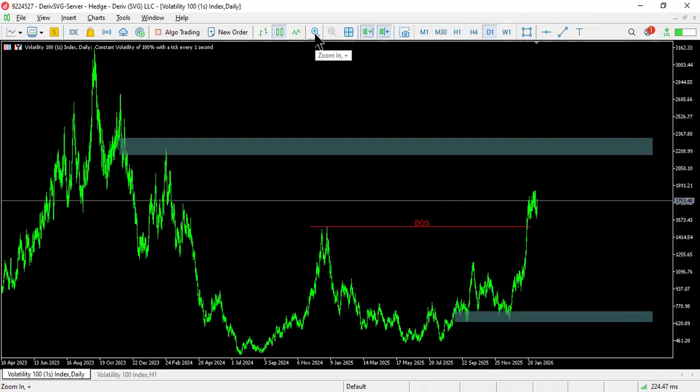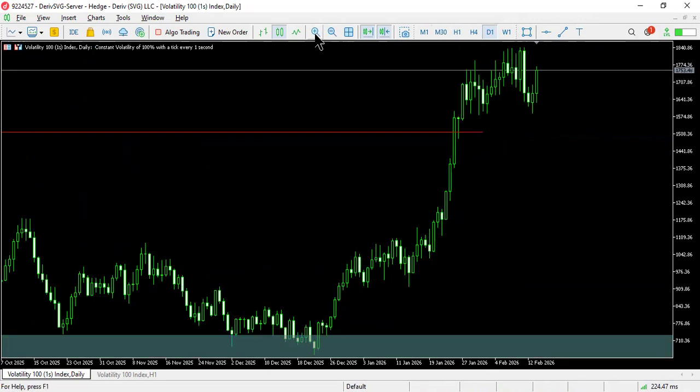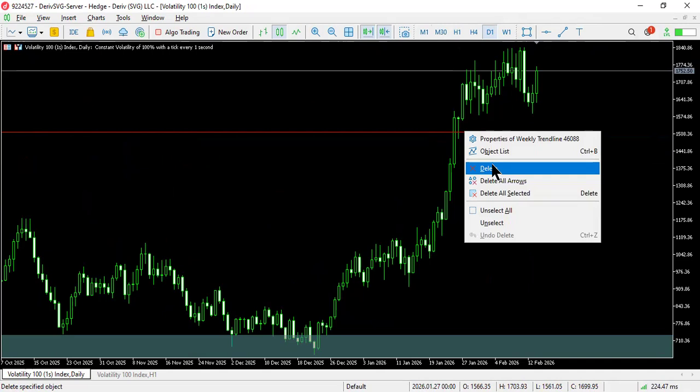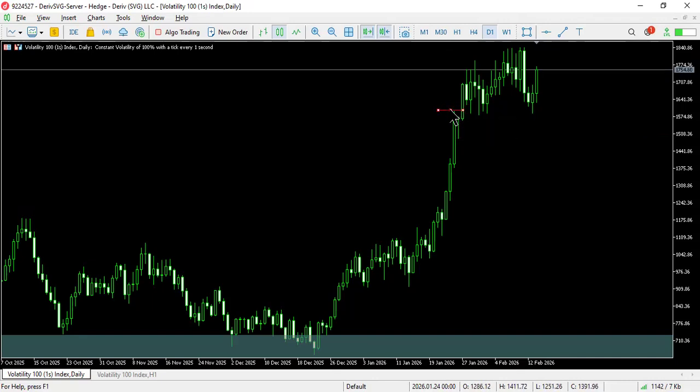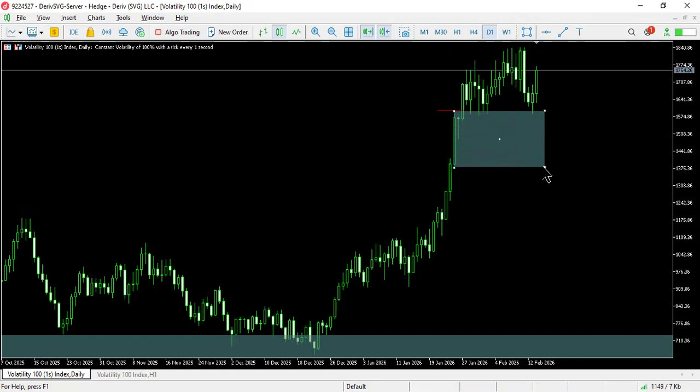So from the daily time frame, let me just remove that. From the daily time frame, we have a break of structure right there. We have a break of structure and price just stepped into this daily order block.